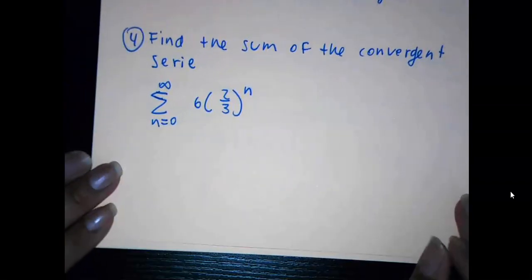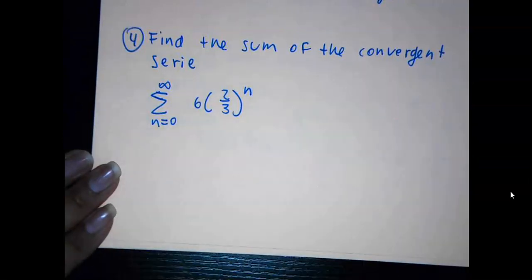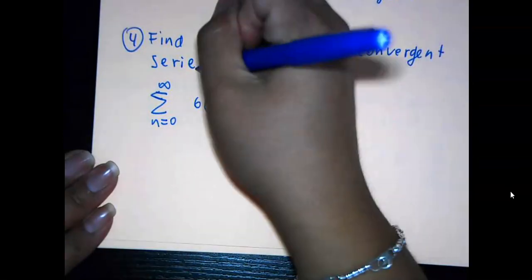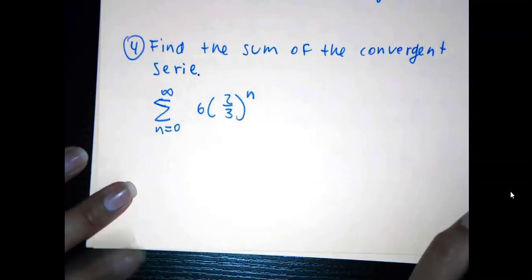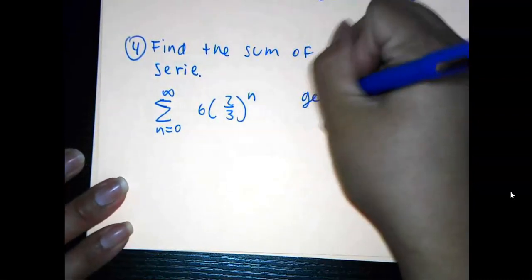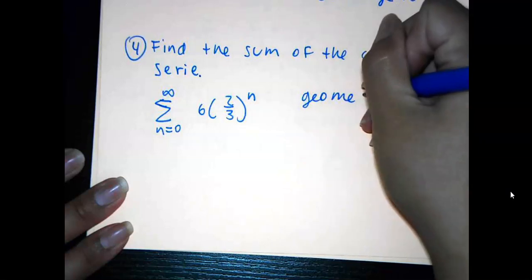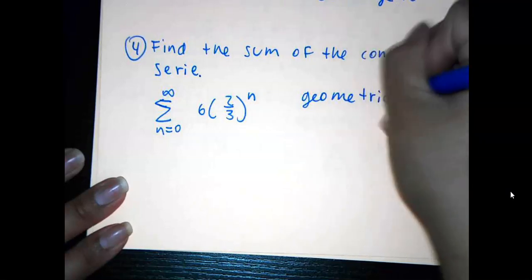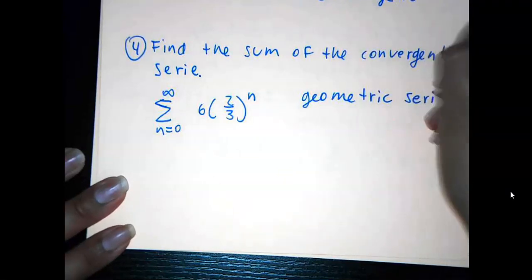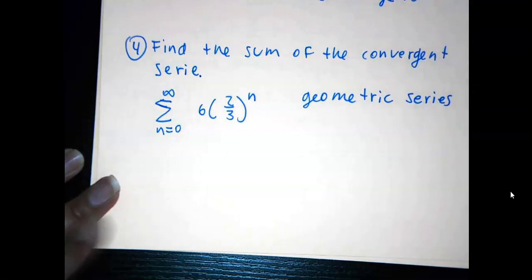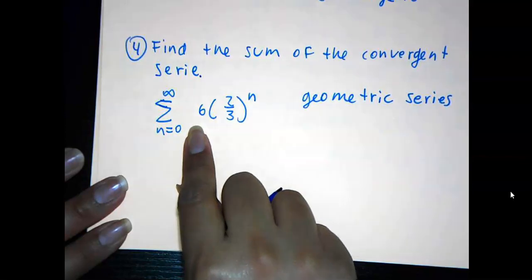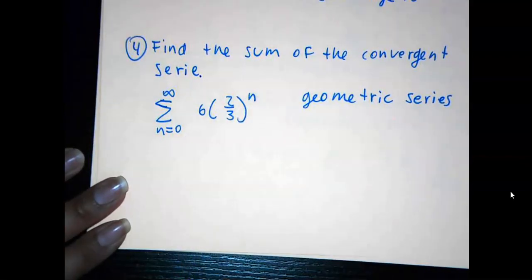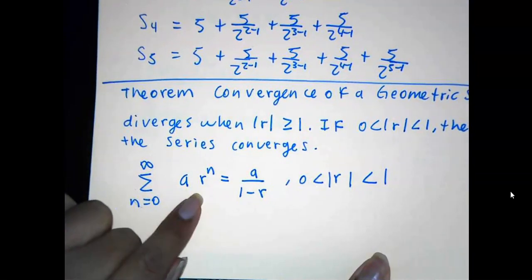The next question says find the sum of the convergent series. They're telling you it's a convergent series, and you have an a r to the n, so it's a geometric series. They don't tell you it's a geometric series, but it is because it's in the format of a r to the n.